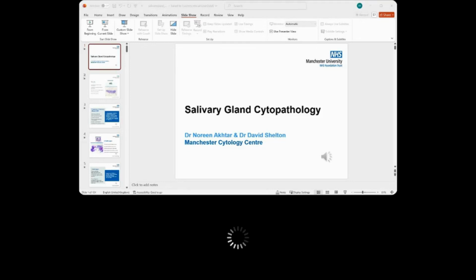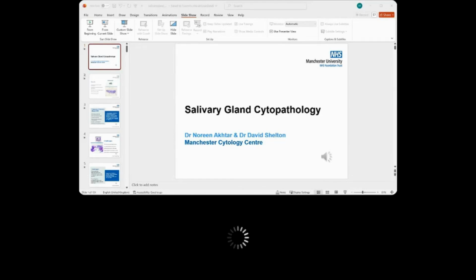With FNAs, the purpose of salivary gland FNA is to provide the clinical team with a risk stratification tool that will allow them to determine the extent of treatment the patient requires for their salivary gland lump. So that can identify cases that require surgery and help the clinical decision-making process as to the extent of the surgery that is required, i.e. partial versus complete parotidectomy, plus or minus neck dissections.